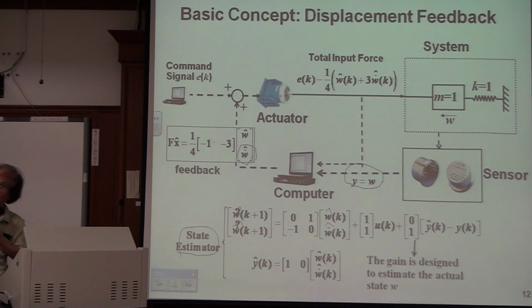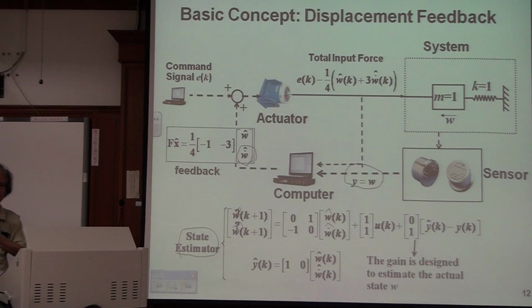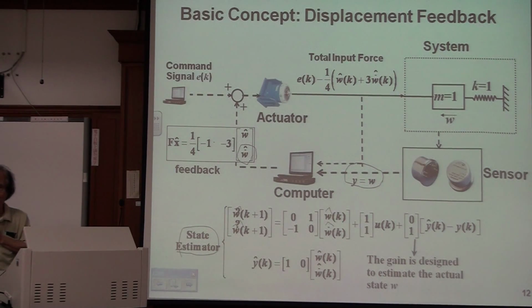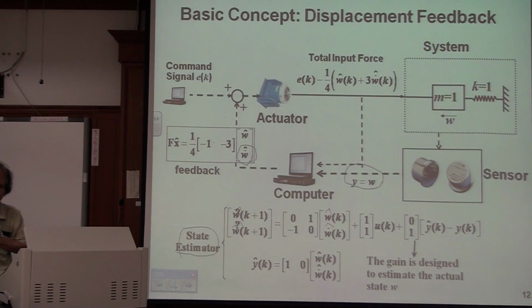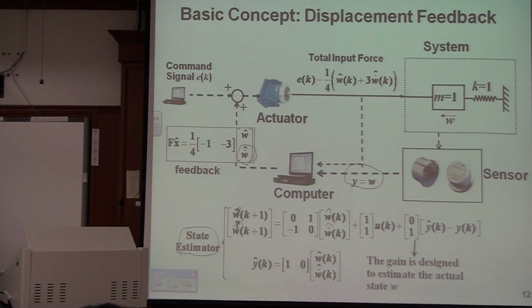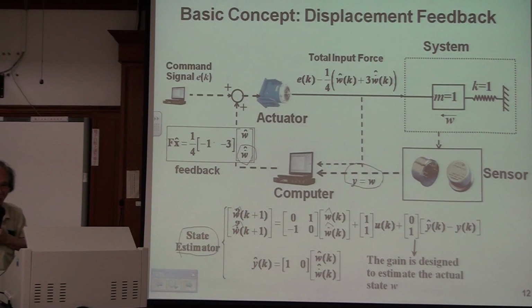Like this building may have 100 states, but I have only one measurement on the top. So that measurement will allow me to estimate all the other 99 states through the state estimator. Understand? So the pole placement technique or other techniques you are going to learn soon are all state feedback.